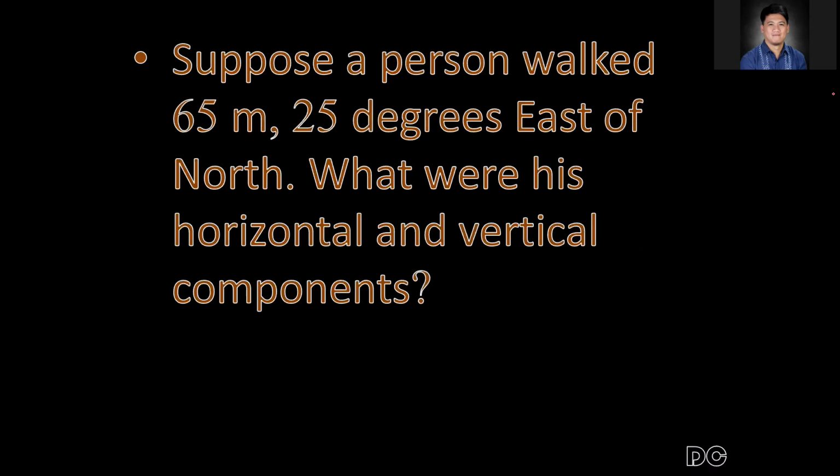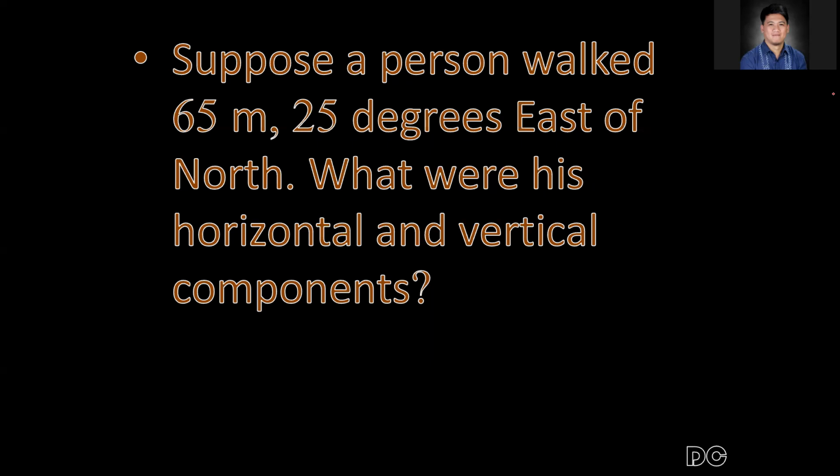Suppose a person walks 65 meters, 25 degrees east of north. What were his horizontal and vertical components? When we say horizontal component, this is the x component, and vertical is the y component.